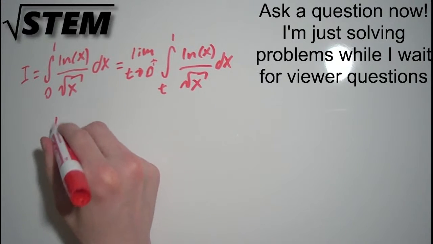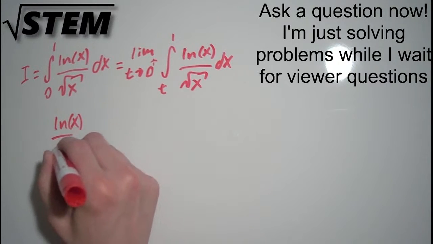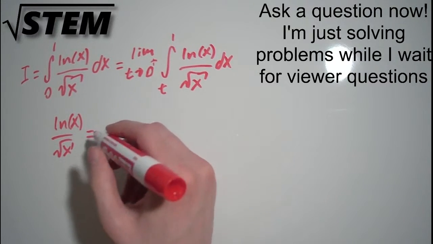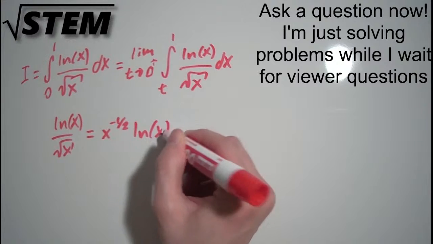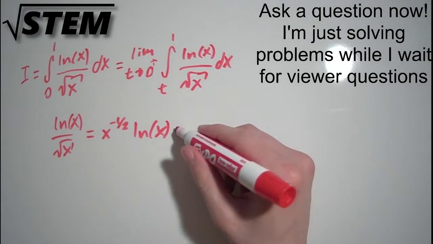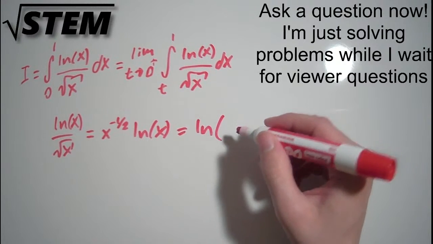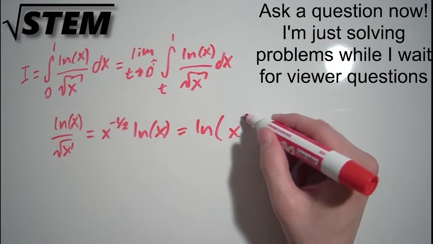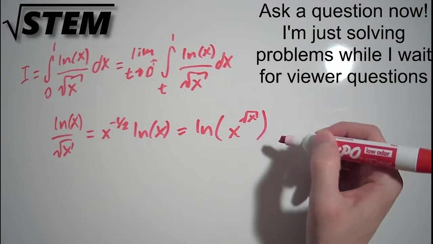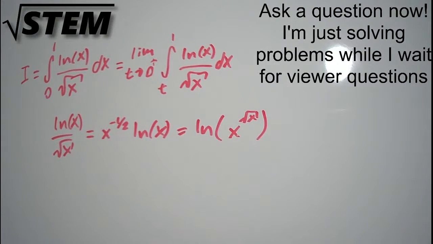Natural log over the square root of x is x to the minus 1/2 times natural log of x. But I don't think that helps us at all. That looks wild, to say the least.